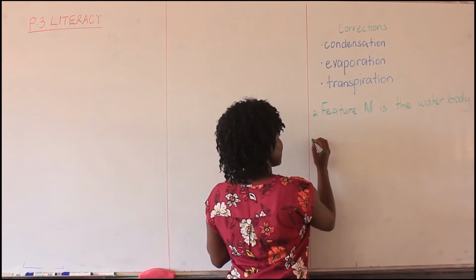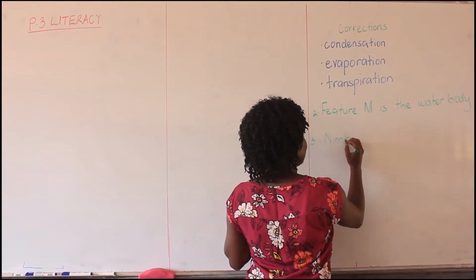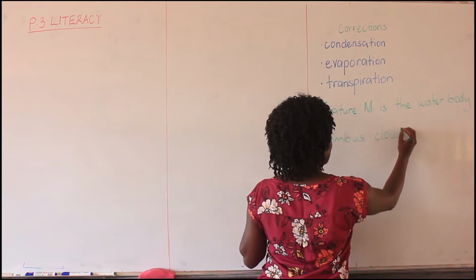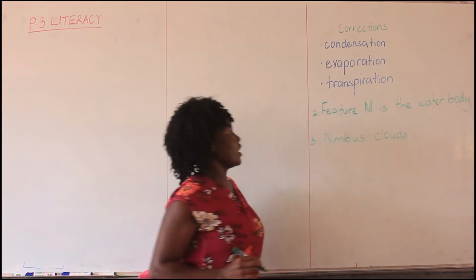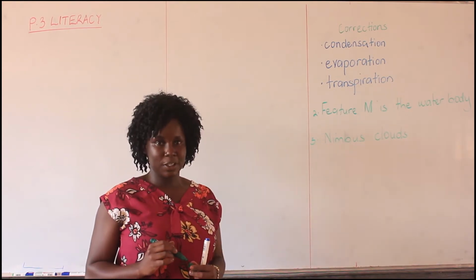Then clouds that give us rain, nimbus clouds. They are the ones that give us rain. So those were the corrections for the last activity.